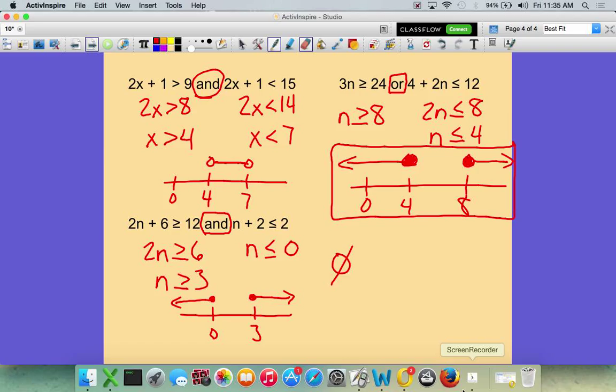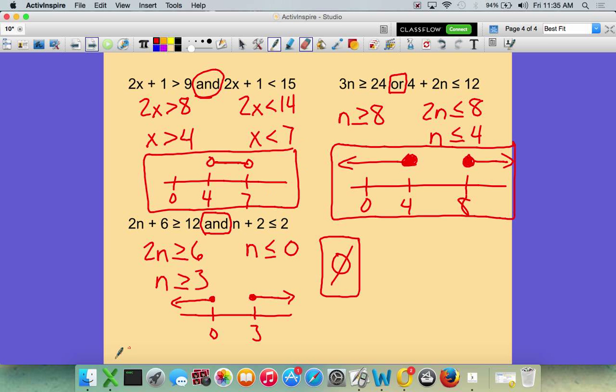With this, we can write our answers differently for each one of these. First of all, for this bottom one, it's just a no solution, so that one's easy to write. For our upper left-hand one here, we can put these two into a combined sentence, where we would have x is greater than 4 and less than 7.